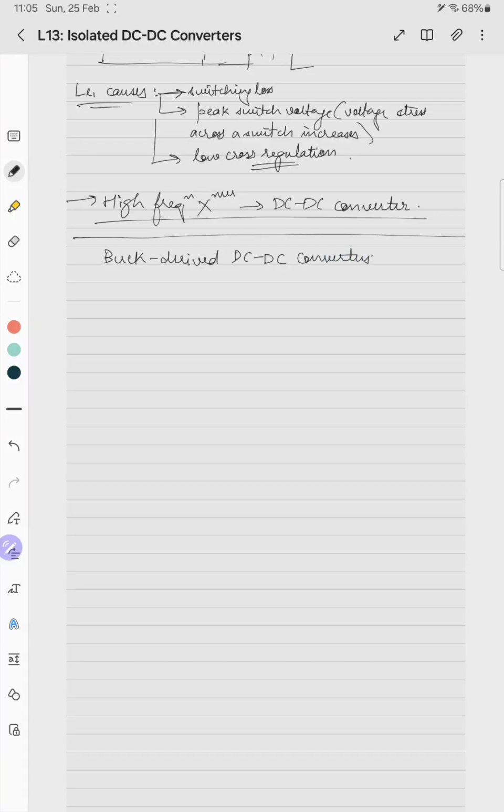So buck derived means, as I told you in the last lecture, that say this is V in. If you draw the output section of a buck converter, you will find there is a freewheeling diode at the output side, then an LC filter, and then a load.